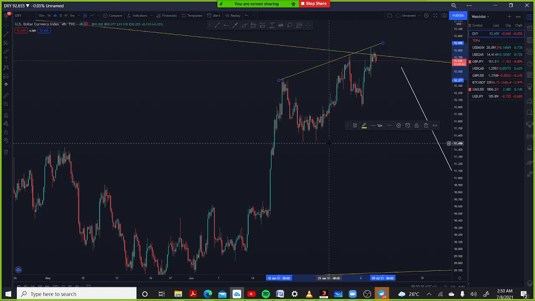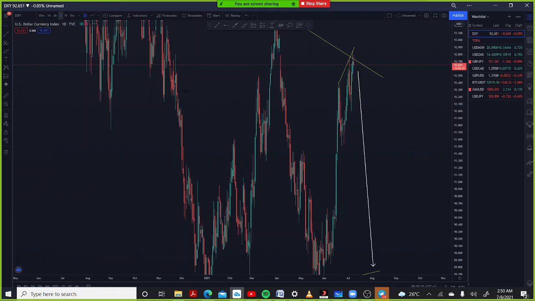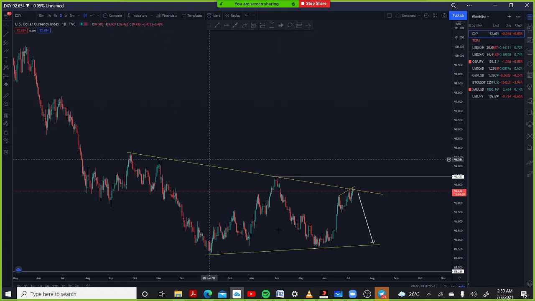So on the daily, we had this structure here, the first touch, the second touch, and the third touch, and in between also we had this structure, the structure here.